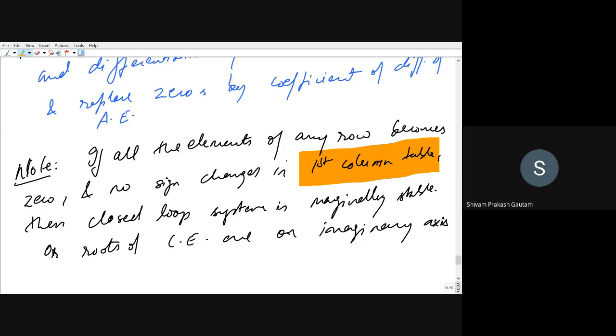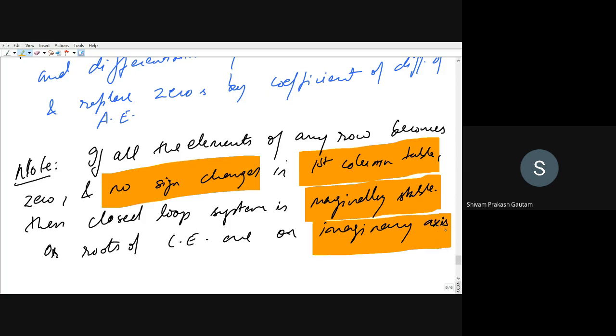When you are observing the first column and there are no sign changes, if all the terms are positive, that means the closed loop system in that condition will be marginally stable. Just keep this in mind. In that case, the system will not be stable, but it will be marginally stable, and roots of the characteristic equation are on the imaginary axis. That means some roots, or a pair of roots, will be on the imaginary axis. So this is the first note.